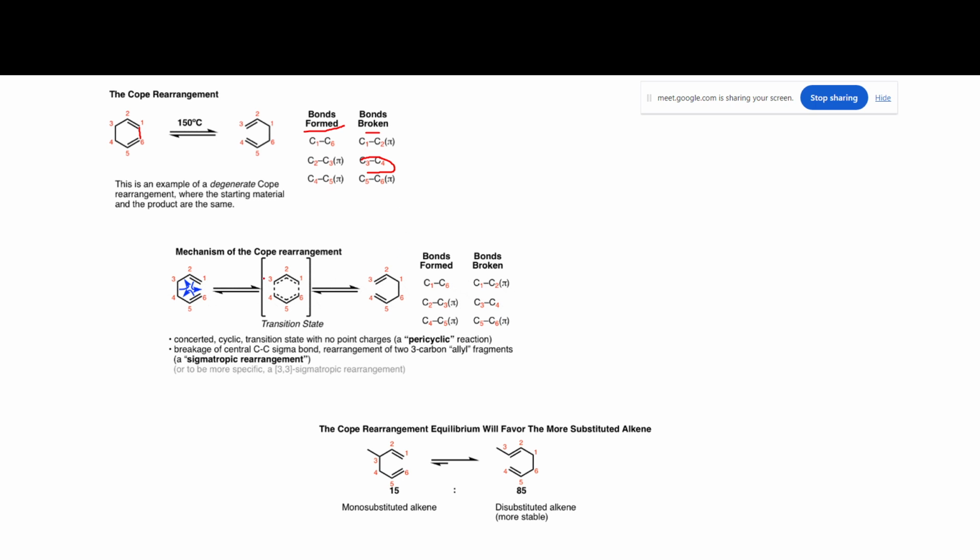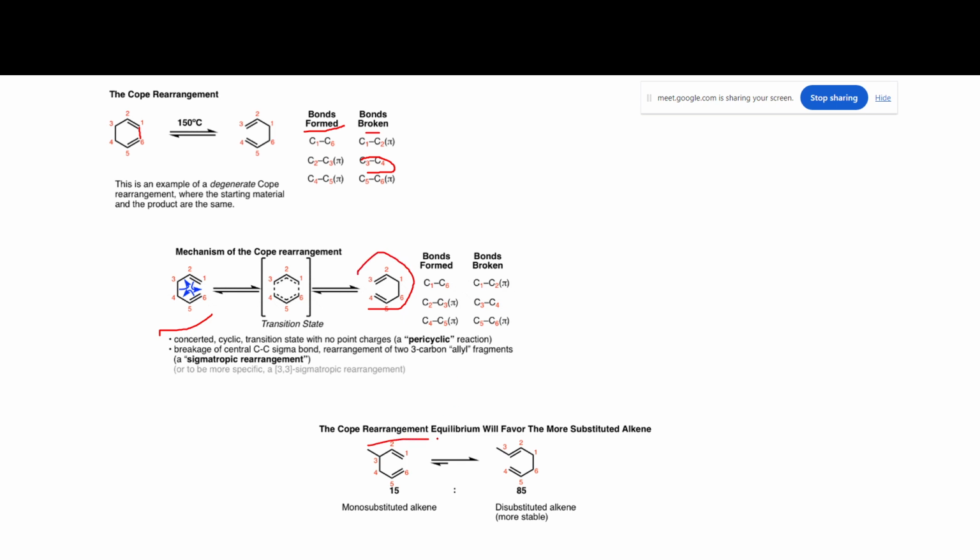So how is the mechanism? It goes through a transition state, and all of this is a concerted mechanism, a concerted pericyclic reaction, a sigmatropic rearrangement, and you are forming the product like this.